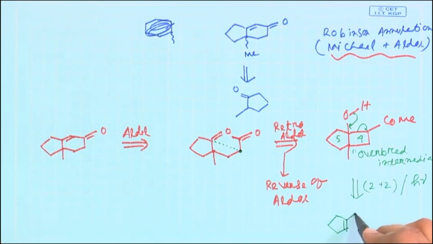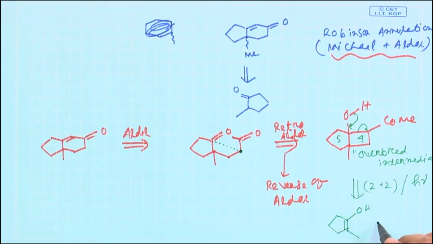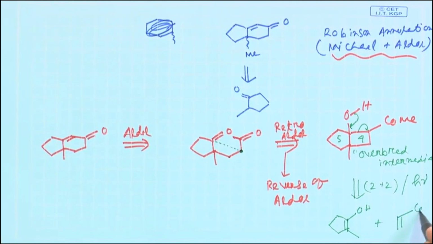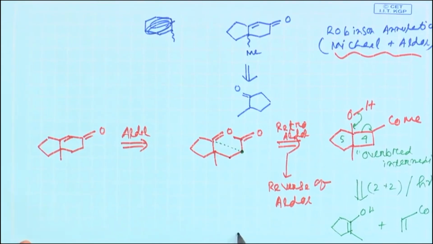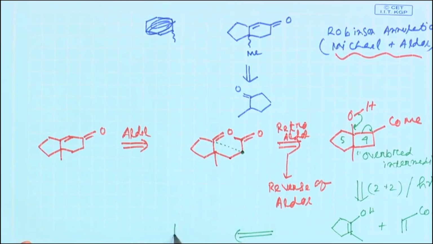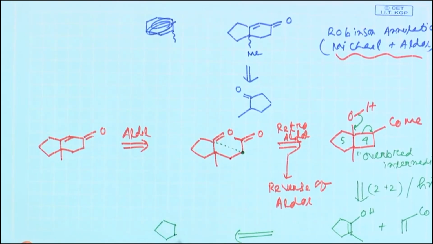So, 2+2 basically you will require this vinylic alcohol and you require a methyl vinyl ketone. Fine. Where do you get this compound from? This is nothing but the enol form of the corresponding ketone.